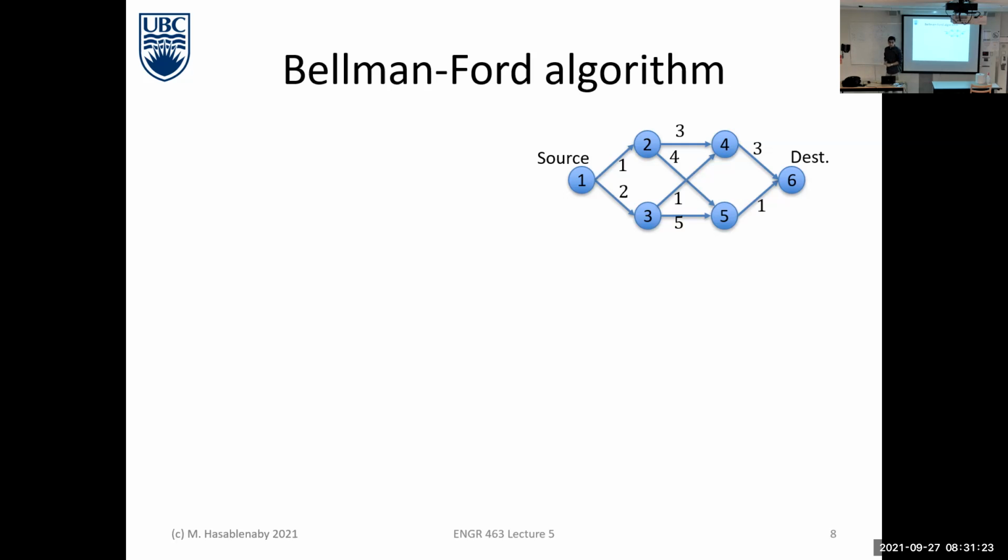For node 2, I can reach the destination through node 4 or through node 5. So I will calculate the minimum: the cost from 2 to 4 is 3, plus the cost of the path through node 4, which is infinity.